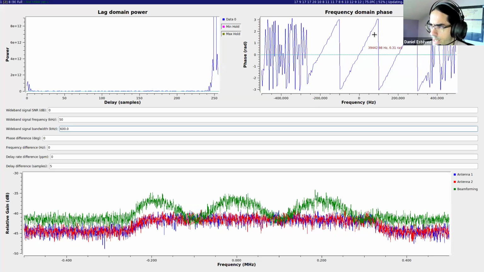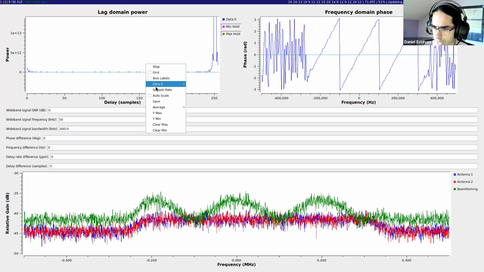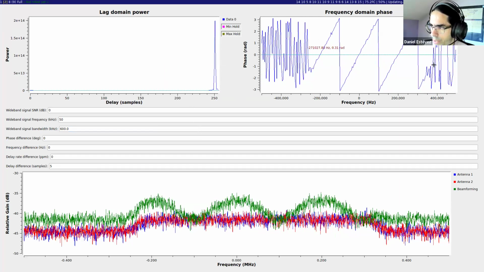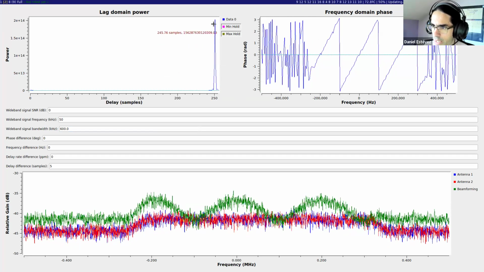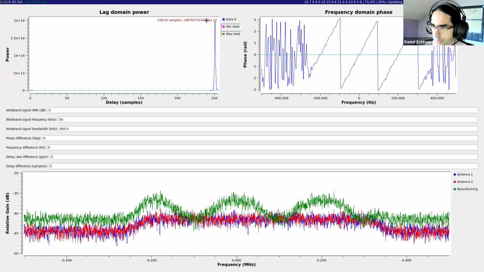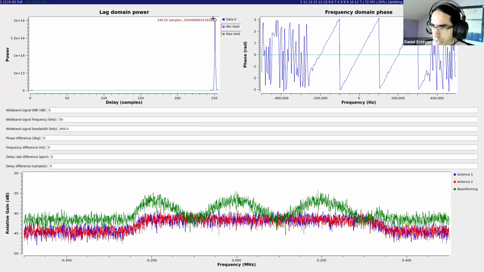If you see this slope, then that means we have a delay. And let me auto scale on this one. So this is on the frequency domain. On the lag domain, we can see there is a peak, and this is called correlation peak. And the location of the peak is the delay in samples between the two antennas.